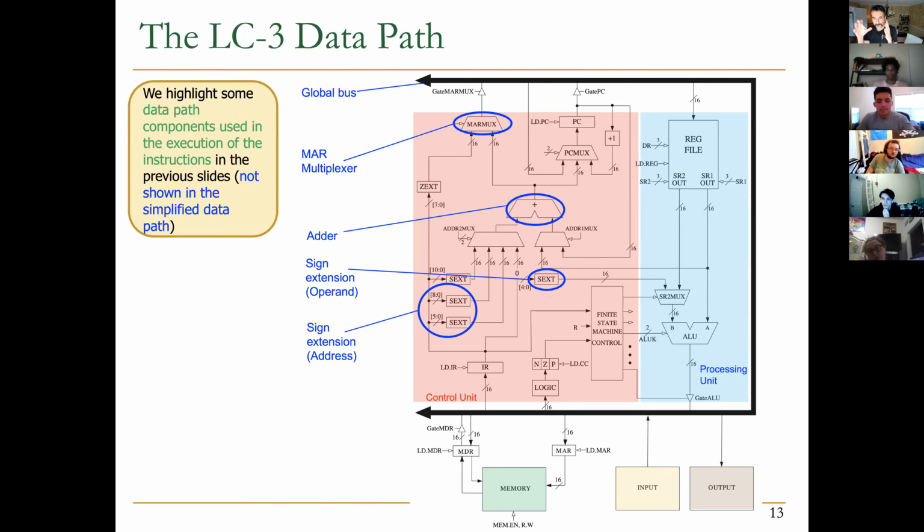So you need a sign extension operand here, and you have this conditional code branch NZP, and these are the NZP values which are set.